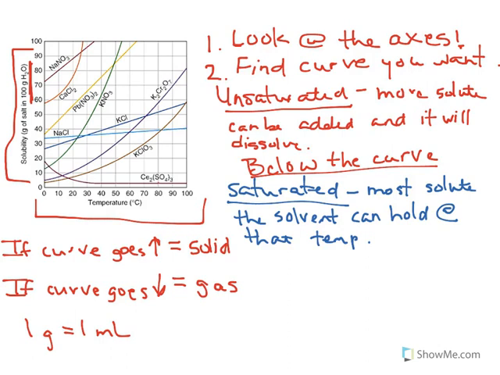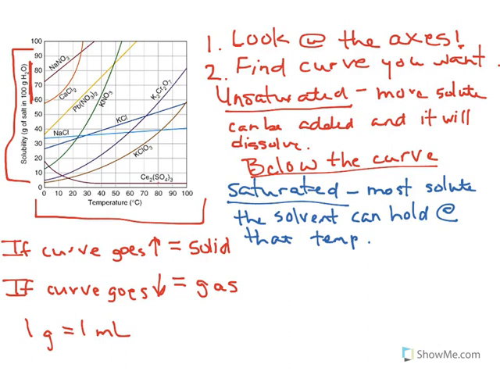So somebody went to their lab, took some K2Cr2O7, and they started it at 0 degrees Celsius, and they looked at how much would dissolve, and they recorded that amount. Then they warmed it up to 20 degrees Celsius, and they kept adding more of their solute until they figured out how much would dissolve. And they keep doing that at various intervals until they see what the curve is going to look like. That's where the curve came from.